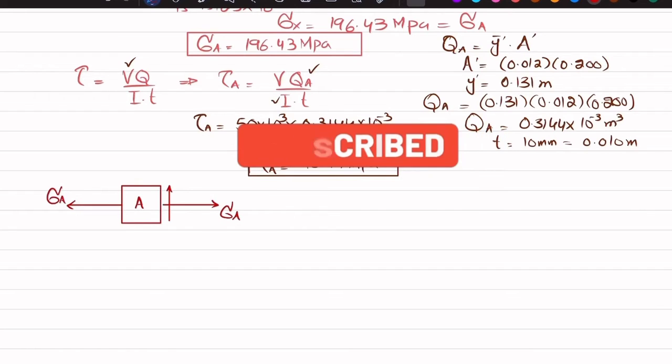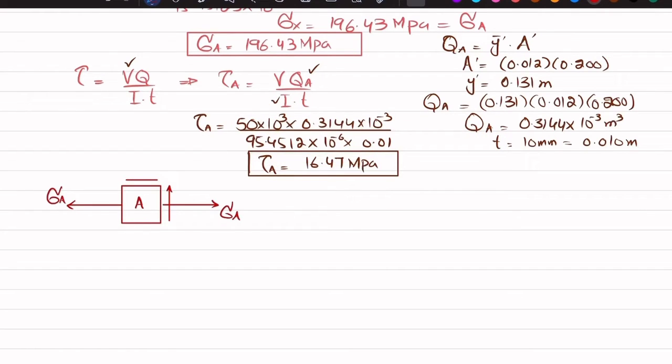This is your shear stress on this face, which is equal to tau A. There is no normal stress in y direction, so it will be 0.